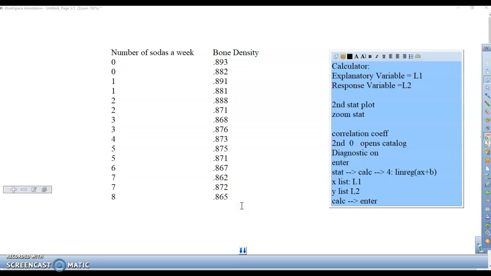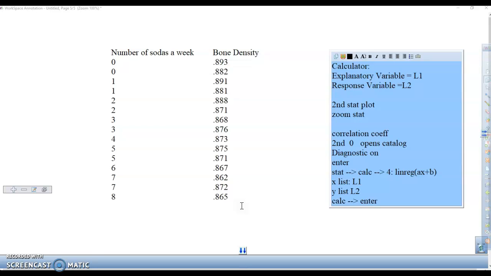You're going to press second 0. That will open a catalog. You're going to scroll down till you see the D's, and you're going to say diagnostic on and hit enter. Once your diagnostic is on, it should be good until you reset your calculator. You may want to go through that every time you try to do this, just in case.